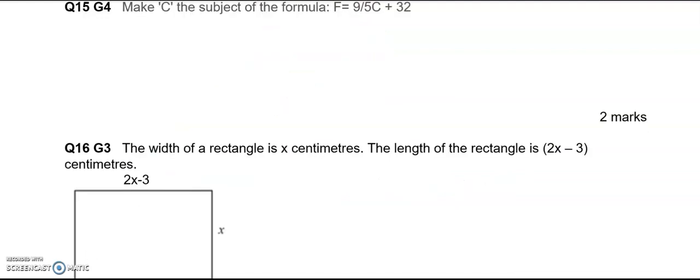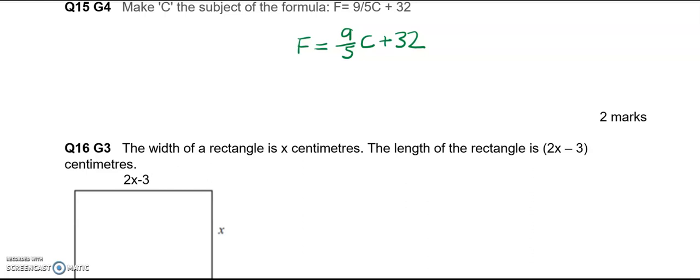In this next question, we have to make C the subject of the formula. So I'm going to rewrite this as F is equal to 9/5 of C plus 32. Now, normally, when we work out something that involves BIDMAS, we do the division and multiplication first, and then addition and subtraction.